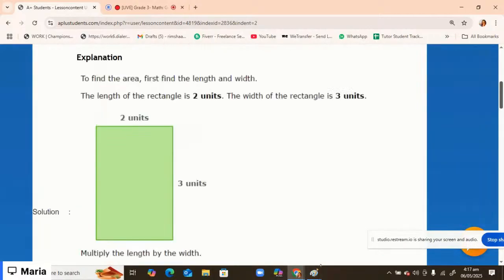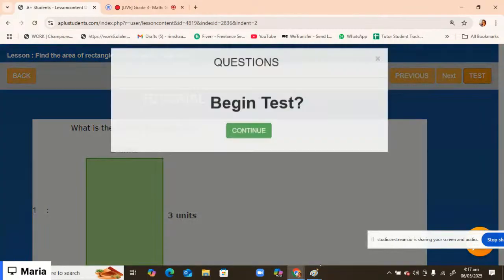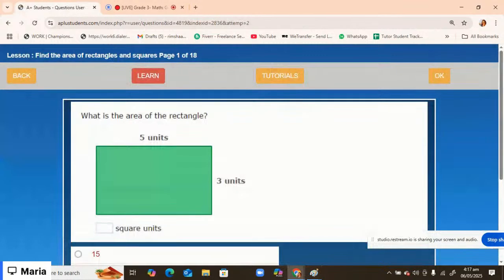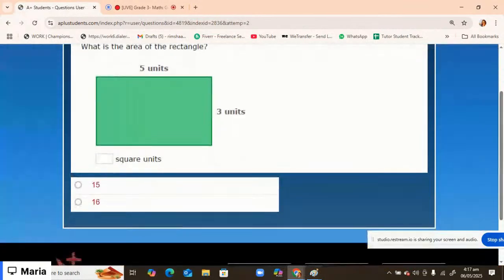So let's do the test questions. What is the area of this rectangle? Everyone tell me. Can you guys tell me the area of this one? Yes. How can we find it out? So what is the answer to this one?